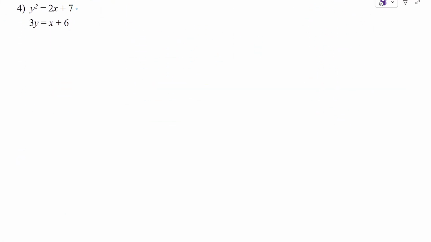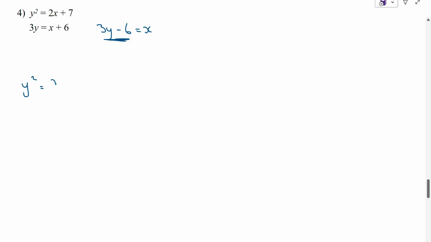Okay, so for the last practice question here, let's rearrange to make x the subject. That seems like that would be the nicer option. Okay, now we are going to sub this into the first equation. So wherever we see x, we are going to sub in 3y minus 6.